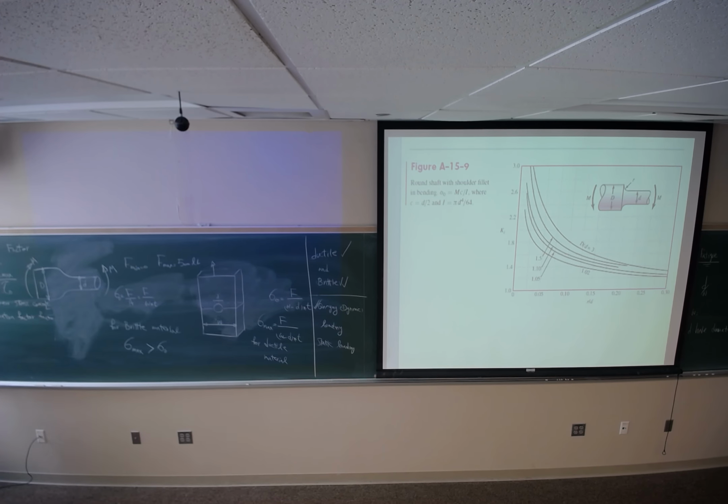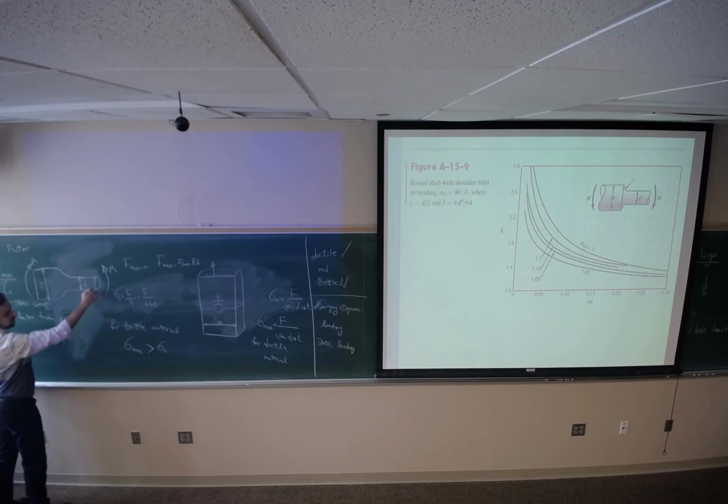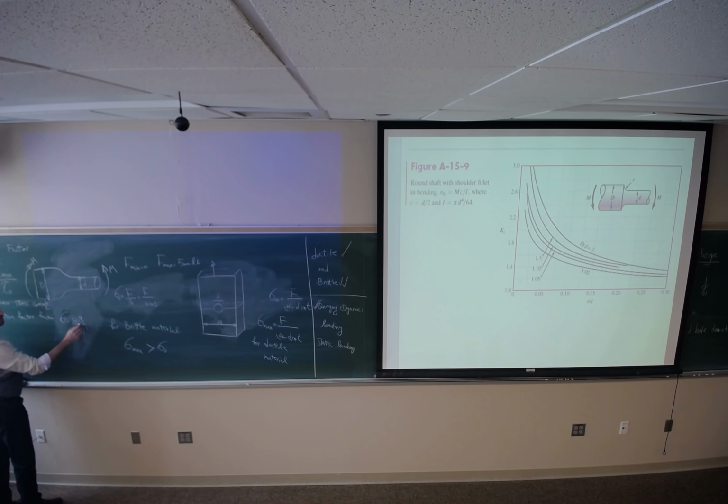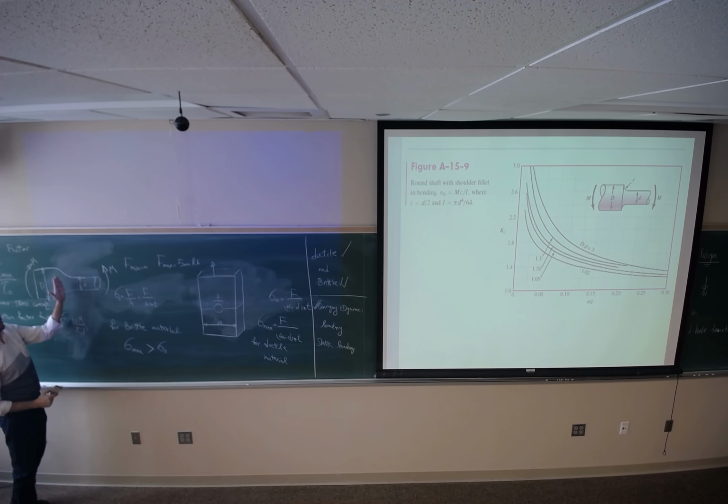It's under bending moment. We know that the maximum stress occurs in the smaller part, because sigma is going to be 32 M divided by pi d to the power 3 for the circular cross section. M is going to be the same for both parts. The smaller the value for d, the greater the value for the normal stress. So we know that the critical section is going to be on the smaller side of the shaft.